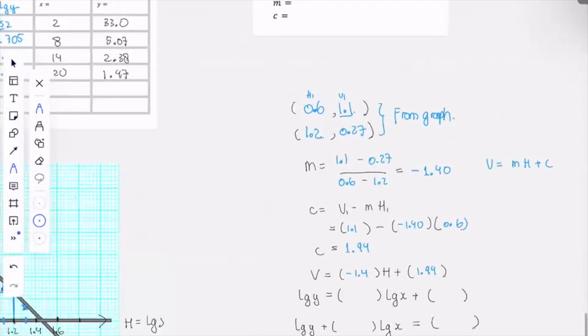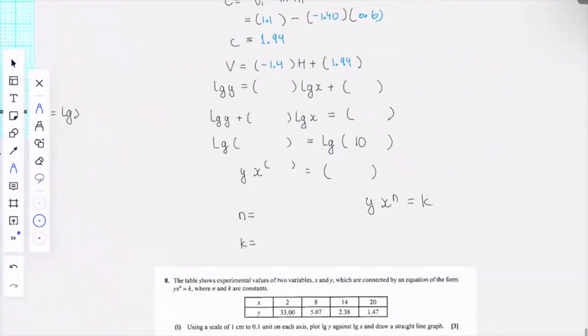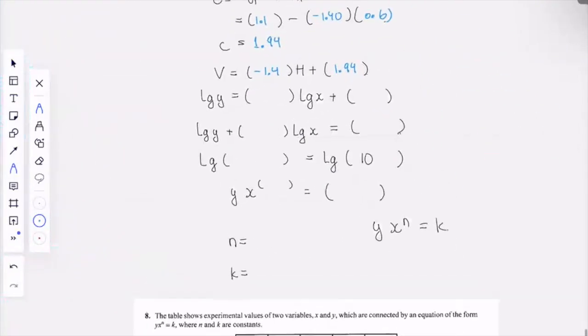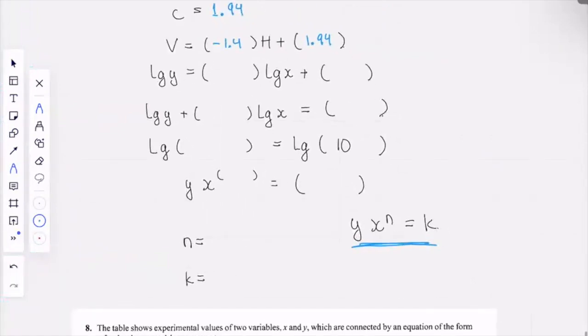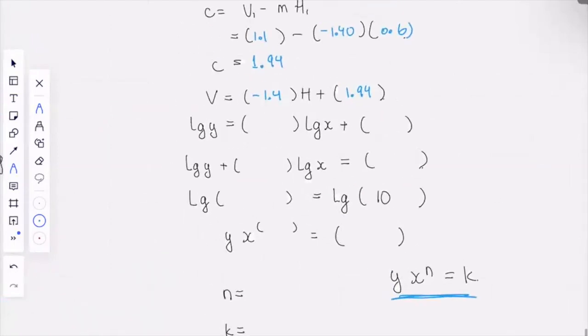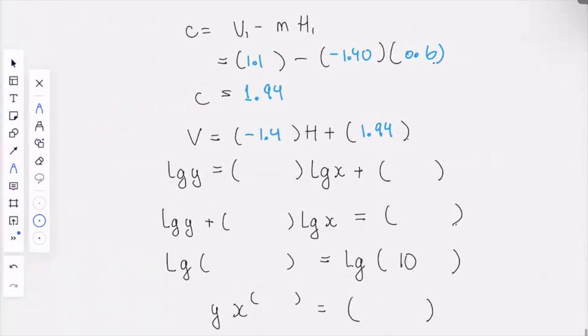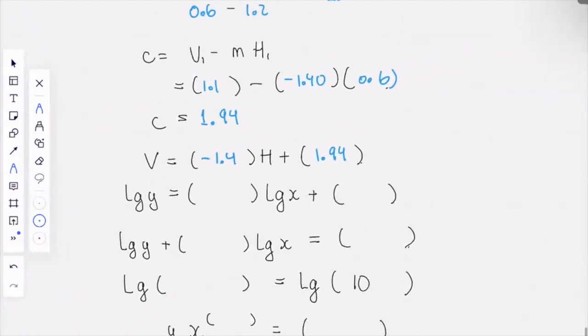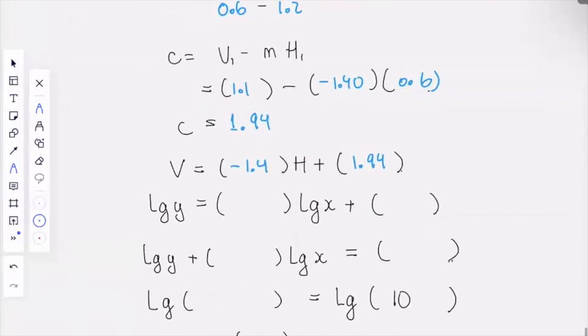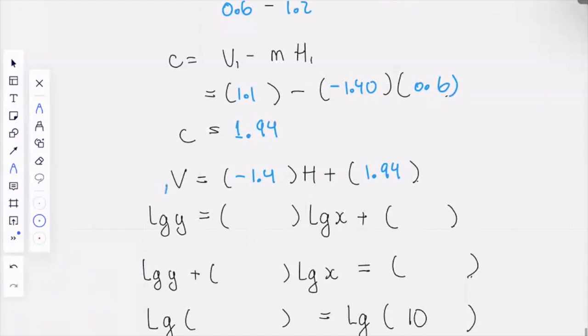Okay, the question asks for the value of k and n from this equation, y x^n = k. So we must work this thing out to find n and k. Very simple. Replace v with log y and h with log x. So we copy the number.